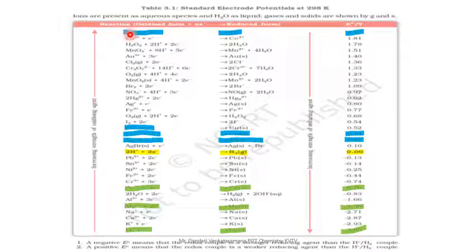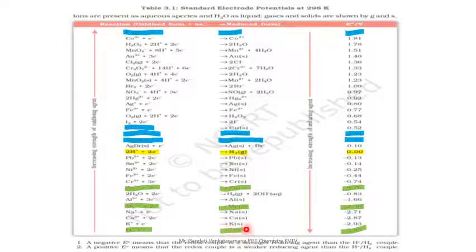Now, the main thing: I have told you this is the strong reducing couple, but the main confusion is which is the strong reducing agent. Lithium plus or lithium, which one is the stronger reducing agent? The reducing agent you can always see on the right-hand side.